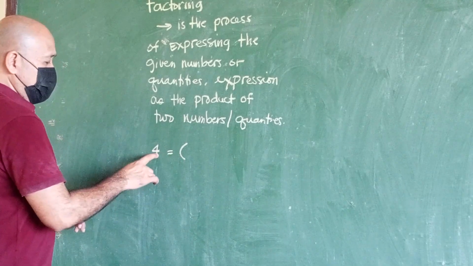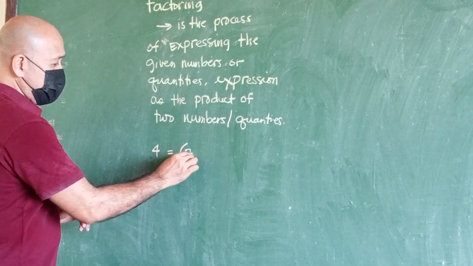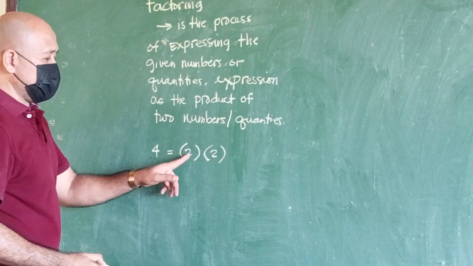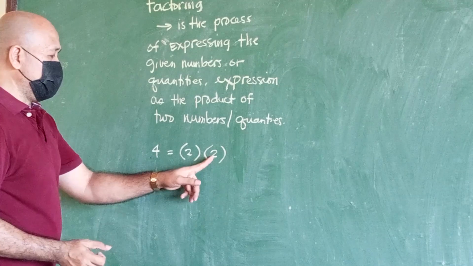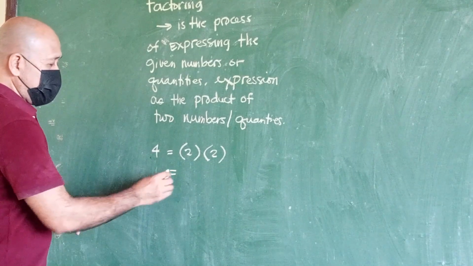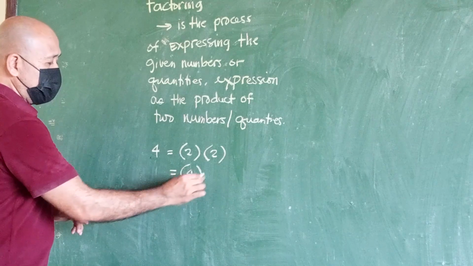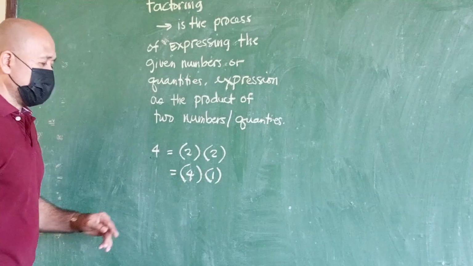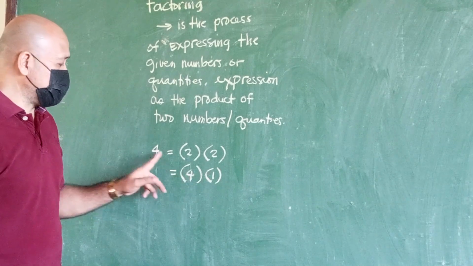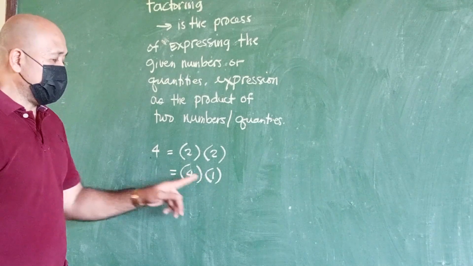Like for example, if we have 4, you can rewrite that one into 2 times 2. And these 2 and 2 are what we call factors of 4. And you may also have 4 times 1. Still, 4 and 1, or the number itself as given, and times 1.